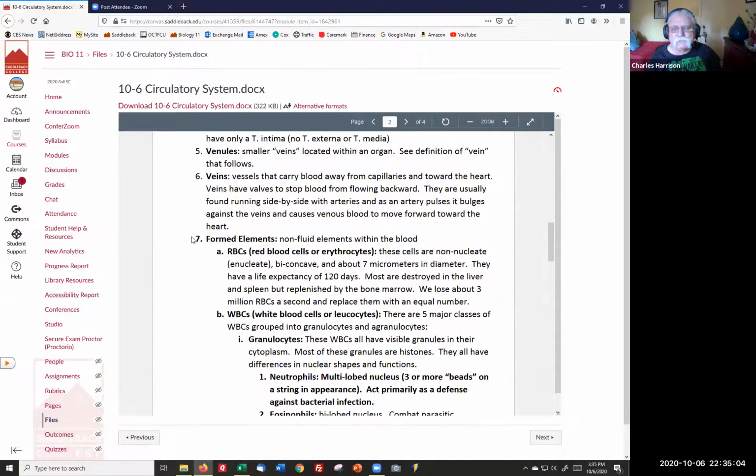Formed elements. Okay? Formed elements of the blood. If it's physical, if you can see it in a microscope, it's a formed element. One type of formed element that you can see is, of course, the red blood cell. These are about 7 micrometers in diameter, and they have a life expectancy of about 4 months.